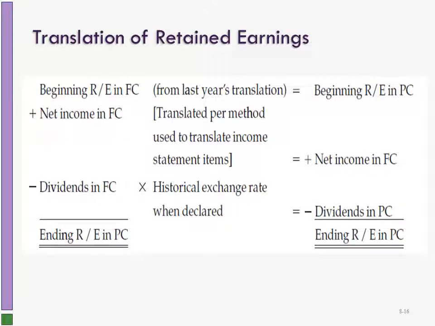We start with the beginning retained earnings in the parent currency, and this is obtained from the last year's translation. We add the net income, and this is translated per method using the translated income statement items to have net income in the parent currency.